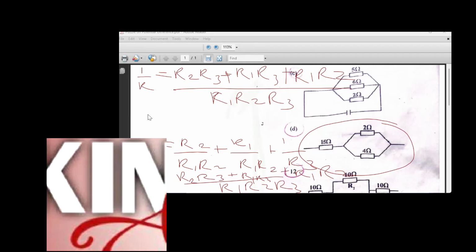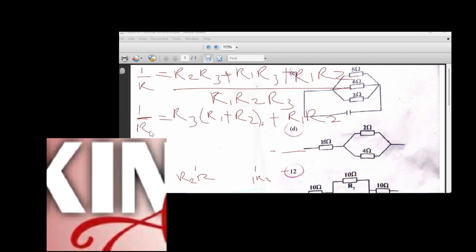R3 is common here, so we can say 1 all over R is equal to R3 is common, open bracket, R1 plus R2, plus R1, R2.